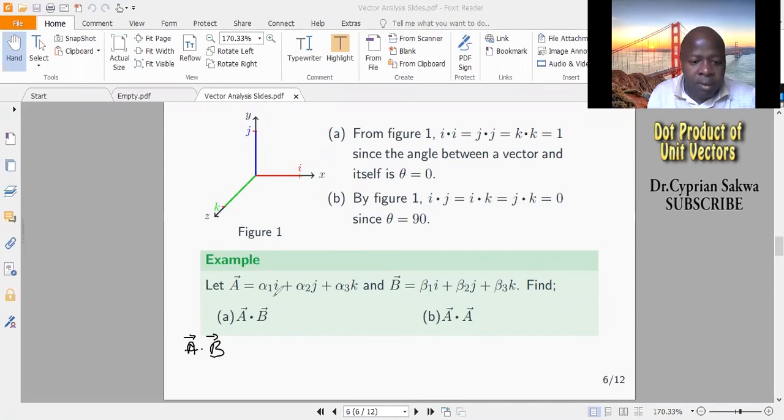We just multiply this and this. Alpha 1 times beta 1 will be alpha 1 beta 1, and this will be i dot i, this i and this other i. So you know what we are doing: just multiplying the entire this and the entire this.